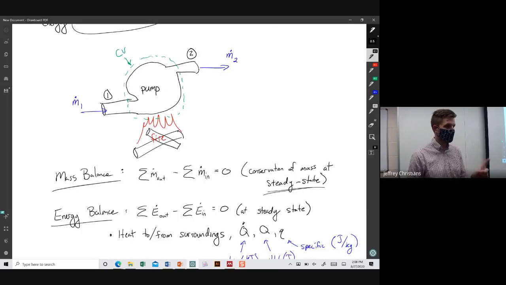There's one more. The actual thermal energy of the fluid itself. So a fluid is coming in, say it's water, that has some temperature and pressure, and it comes with its own energy. Does anybody remember what we call that?